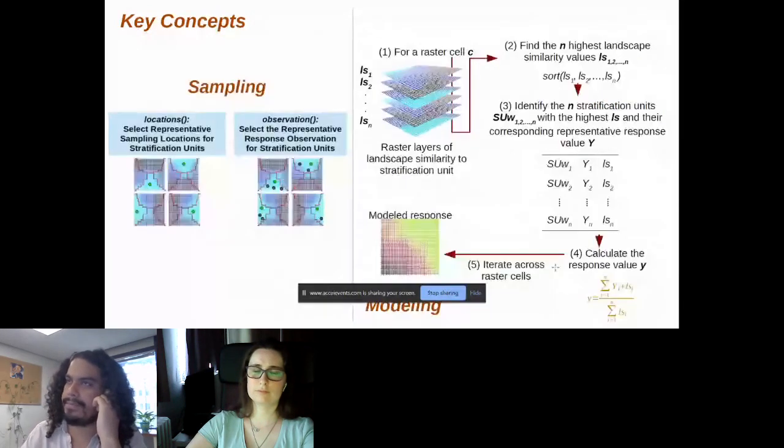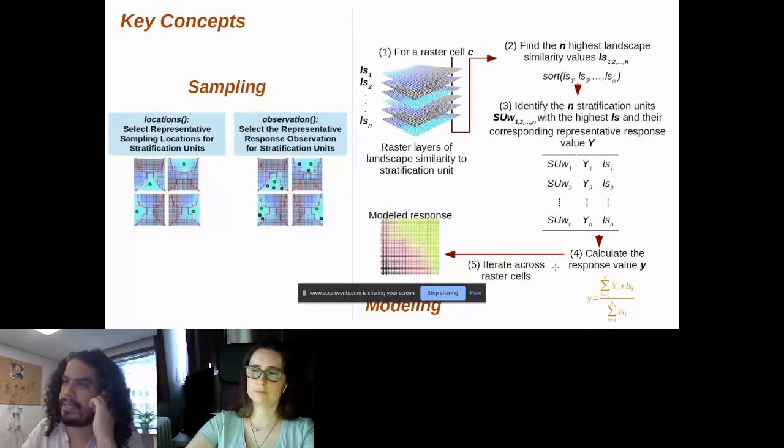These landscape similarity layers are very important because they can guide the optimized allocation of sampling schemes. And you can follow a stratified approach. So for each stratum in your landscape, you identify which pixel has the greatest landscape similarity to a specific stratification unit.